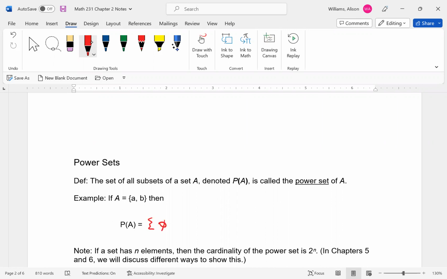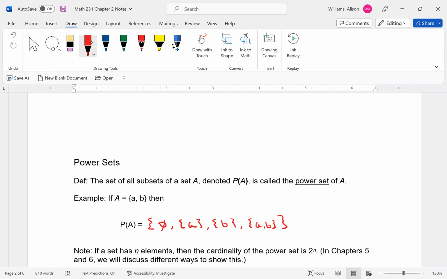Everyone has the empty set as a possible subset. Another possible subset would be just a or just b. And since we're not talking about a proper subset, itself can be a subset. So ab can also be a subset. And there you go. There is the power set of A.